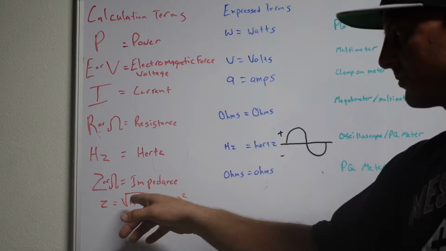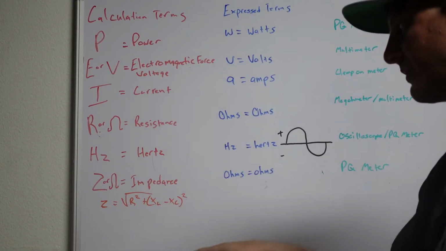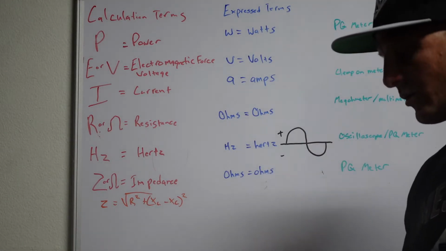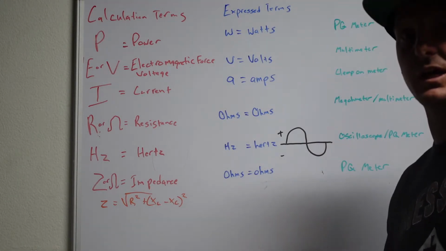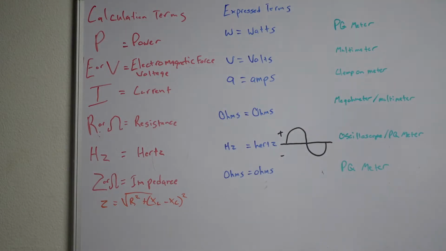Squared, added to resistance squared, and then the square root of that gives you impedance. That's important because things change when you use AC compared to DC, and it has an extreme effect on your power quality as well as how much power is actually being used.